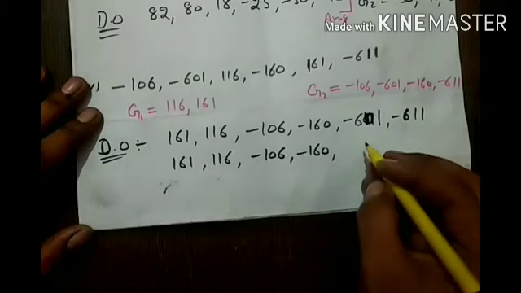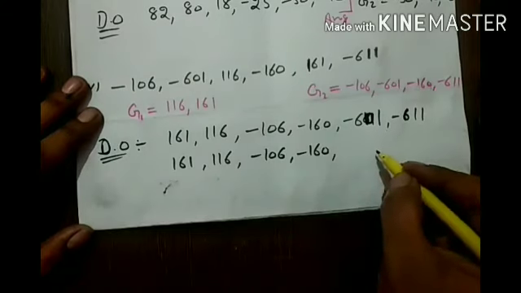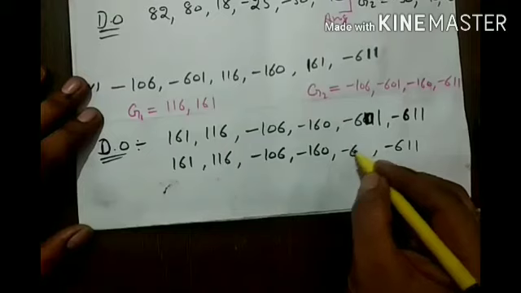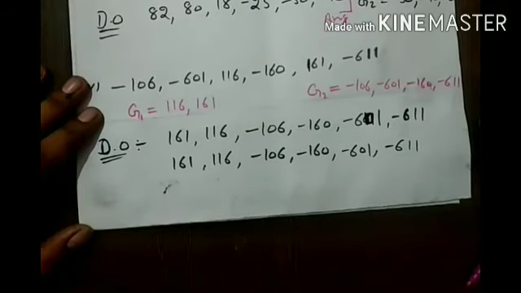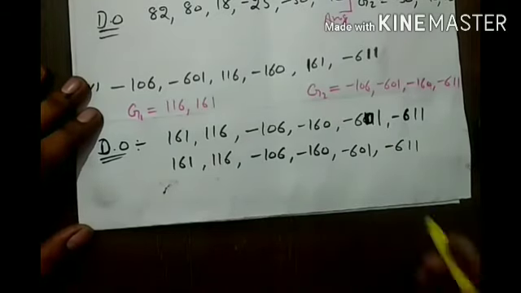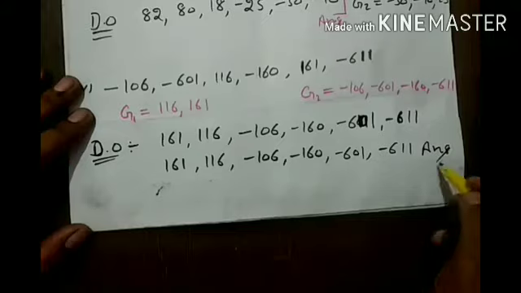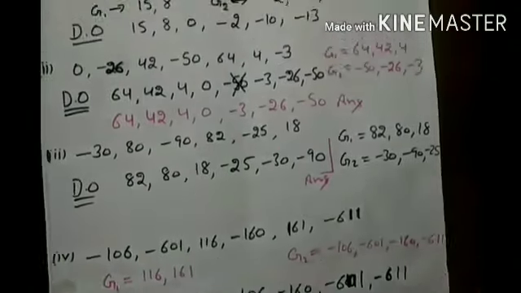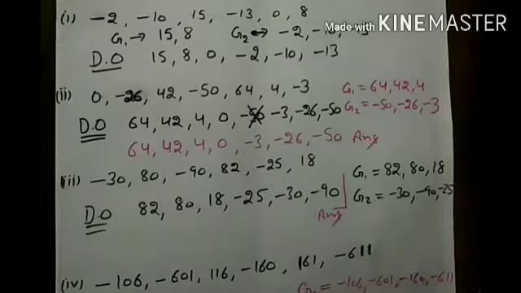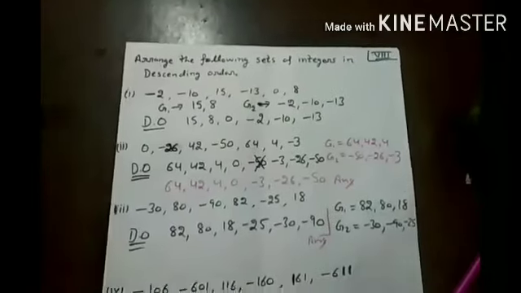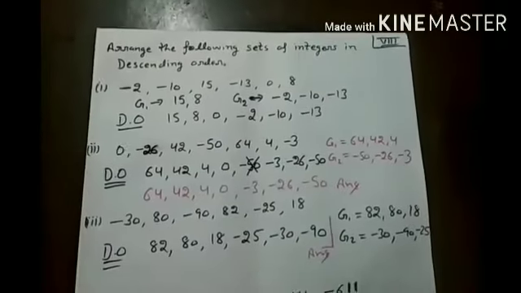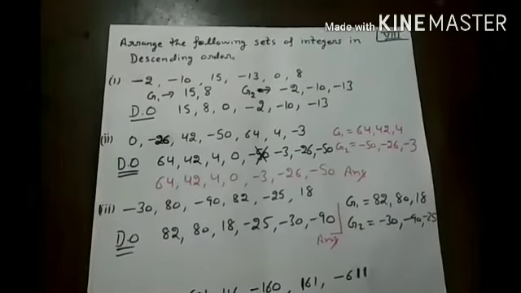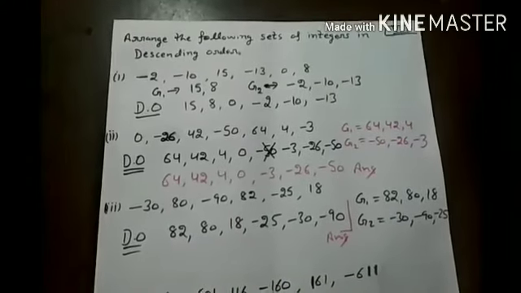So -611 is smallest and -601 will be before it. This is the required answer. Student, in this video you can see all the questions we have solved to arrange the given set of integers in descending order.